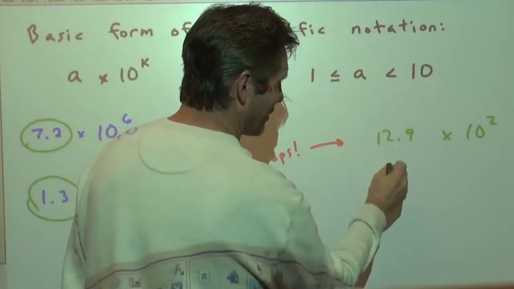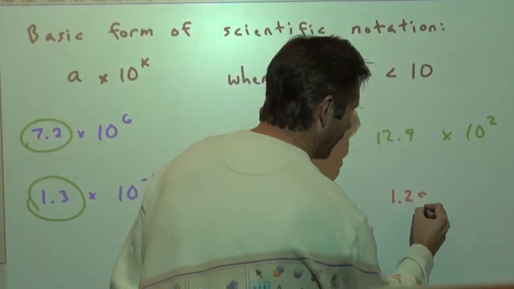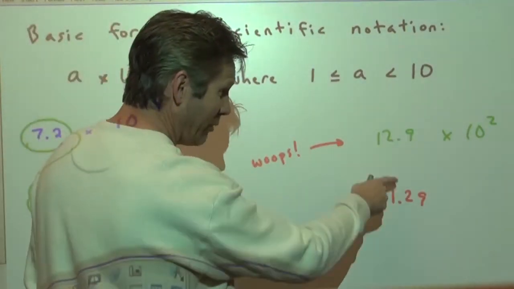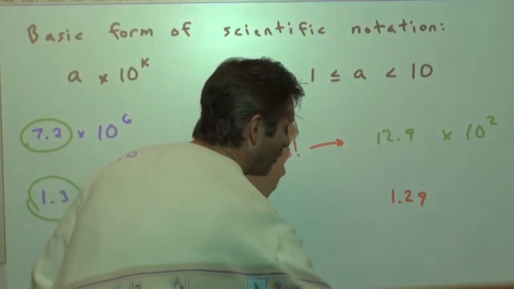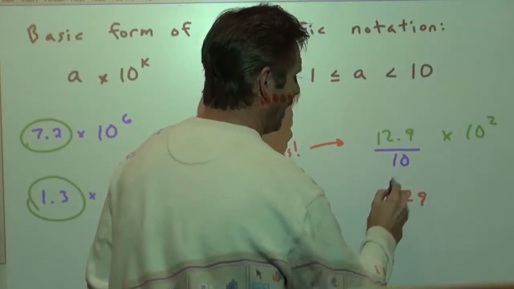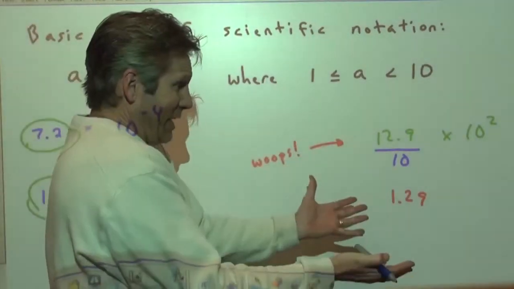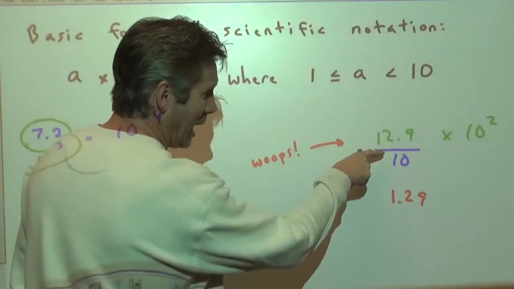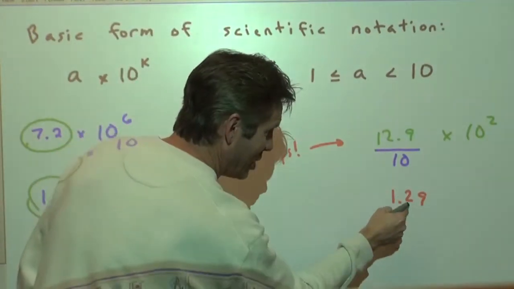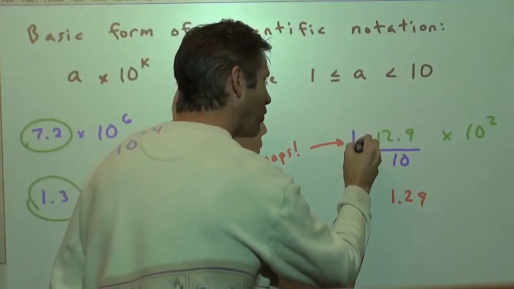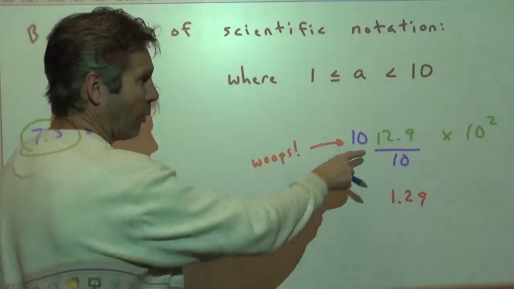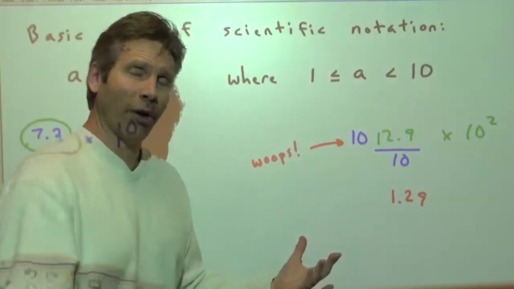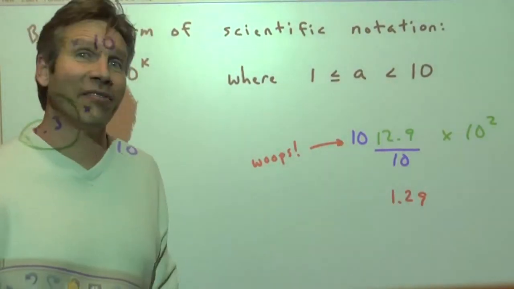If we're going to change this number so that it is between 1 and 10 like it's supposed to be, then the way we end up moving the decimal over 1 place is by dividing this number by 10. But if we just divide the number by 10, we've made the number 1/10 as big, and that's no good. So what do we have to do to compensate for dividing by 10? We need to multiply by 10. So what we're really multiplying 12.9 by is 10 over 10, which is equal to 1. We're multiplying by 1, so we haven't changed the value of it.